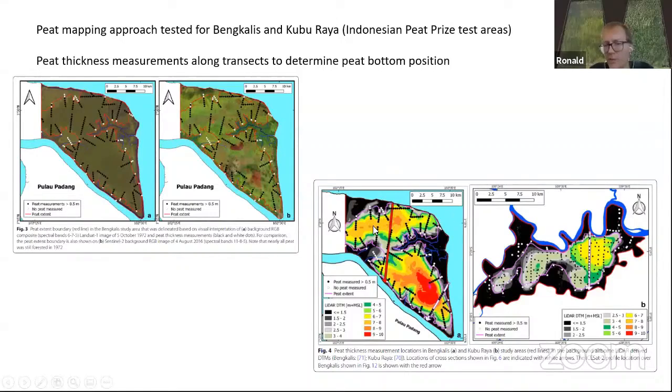So over here you see the two elevation models. Both elevation models are derived from LIDAR data. And the black dots are the locations of the peat thickness measurements where we found peat more than 0.5 meter. And the white dots are areas where we don't find peat at all.